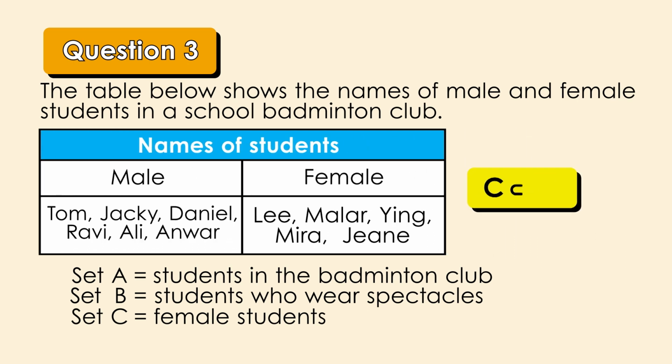Let's figure out the relationship between set A, B, and C before we draw the Venn diagram. Yes, set C is a subset of set B. Both sets B and C are subsets of set A, which is the universal set. So, what does the Venn diagram look like?